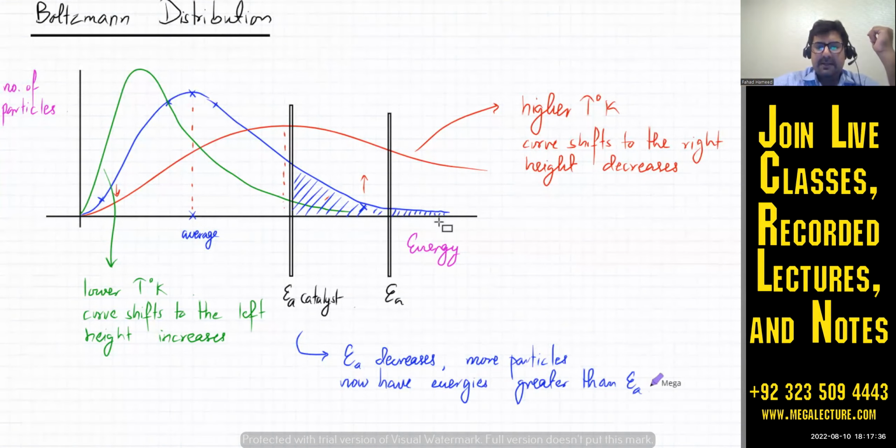Well, only these particles were able to successfully collide, but now it has become easier for the reaction to happen. So even these particles are able to successfully collide and undergo a reaction.